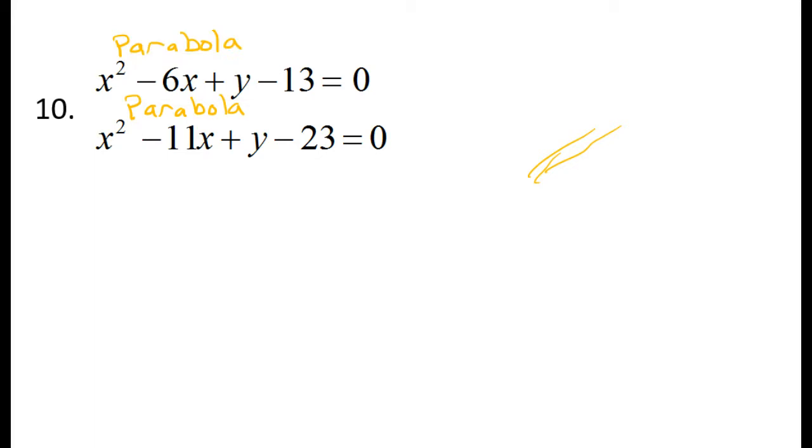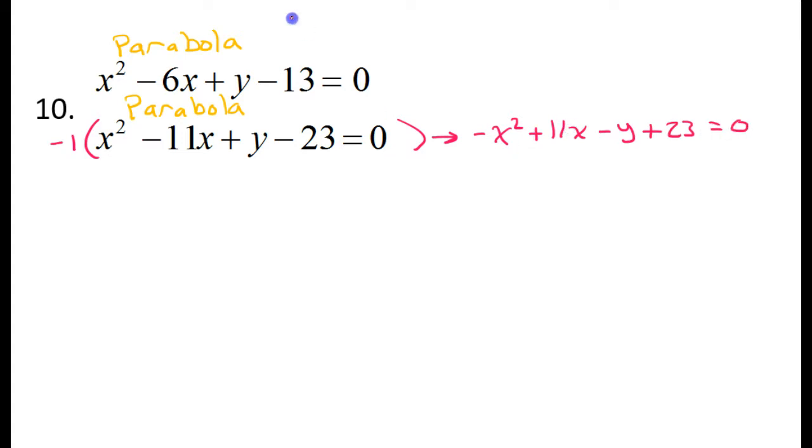Imagine that we multiply the bottom equation by -1. I'm looking at the x squared and I'm looking at the y terms. If I multiply by -1, these will become opposites. So this equation will become -x squared plus 11x minus y plus 23 is equal to 0.